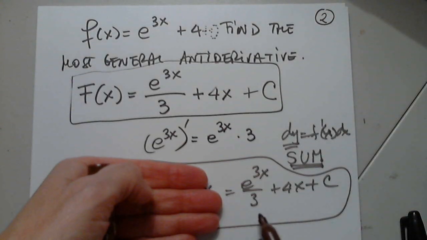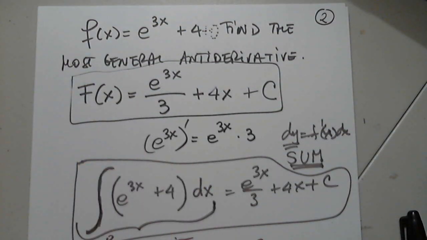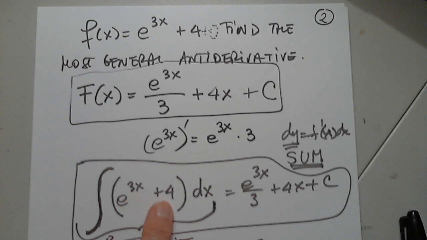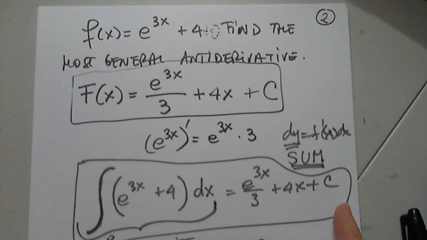What is it? The most general antiderivative. Of which function? Of this one. It's a different way of writing it, or using a different notation, in other words. What's the notation? The indefinite integral of e to 3x plus 4 dx is nothing else but the most general antiderivative of this function.